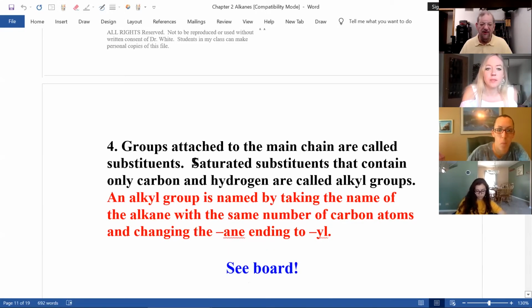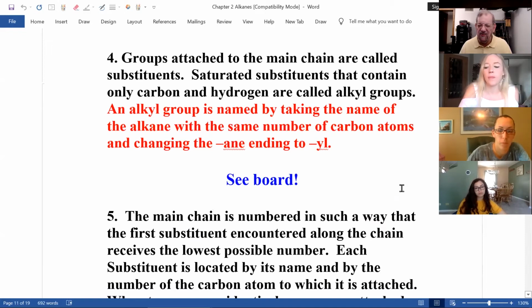And what you learn, groups attached to the main chain are called substituents, and saturated substituents that contain only carbon and hydrogen are alkyl groups. In this class, the two main types of substituents will be, and I'll teach you later when we get into aromatic compounds, halogens. The other one are, like you're learning now, alkyl groups.